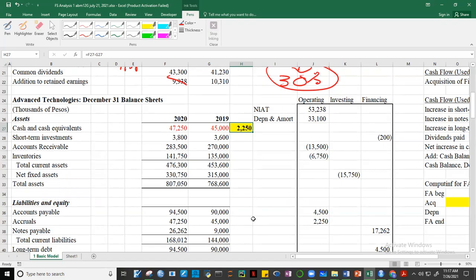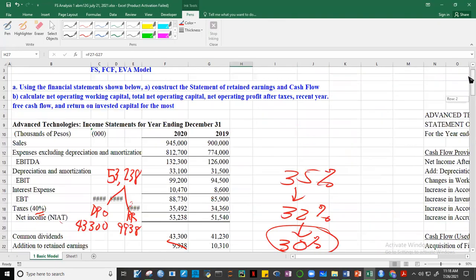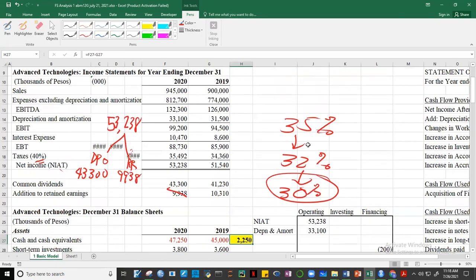Okay, there's an answer here. Interest expense. Okay. Thank you, Liam. Pero tingnan natin, guys, ha? Kasi, nasama na ba yung interest expense when we were computing for the net income after tax? Kasi interest expense, andito eh.